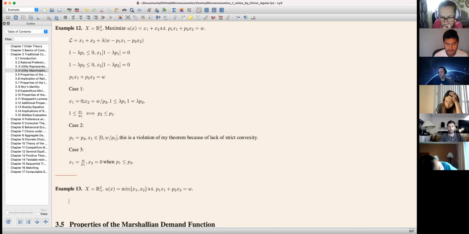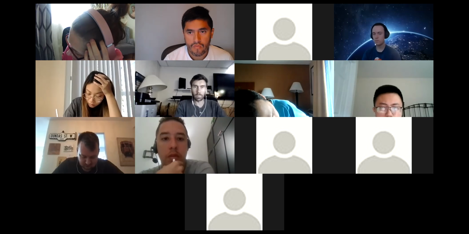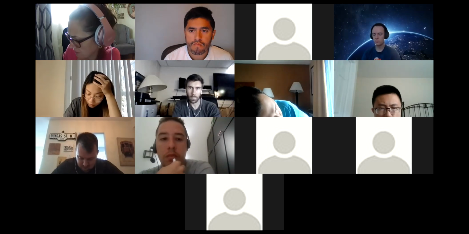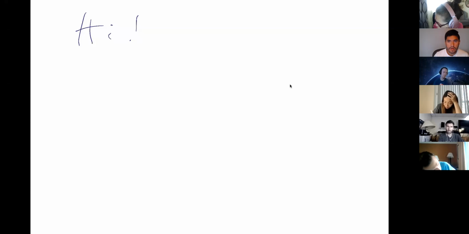Here I know we had the opposite extreme, perfect substitutes, but there was a lack of concavity, and we talked about what that means. So I'm thinking that in this case there would also be a lack of concavity, because if I imagine it the way that I saw it in my undergrad or master's, if you draw it, you will find that there is only a point solution, and that point will be at a corner, right?